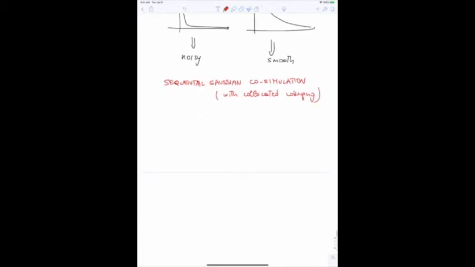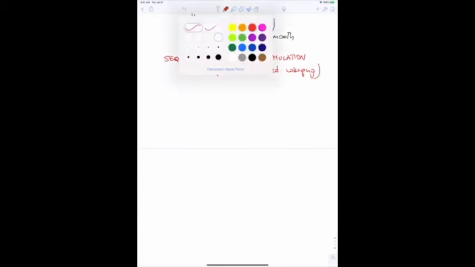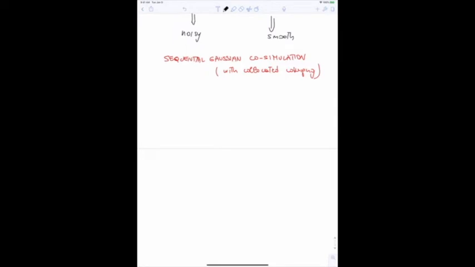Well, the idea is exactly the same. It's pretty simple to generalize because instead of doing the Kriging step, you're going to do a co-Kriging step. But let's try to reproduce my graph. And again, I'm going to send you some notes where these graphs are much nicer.